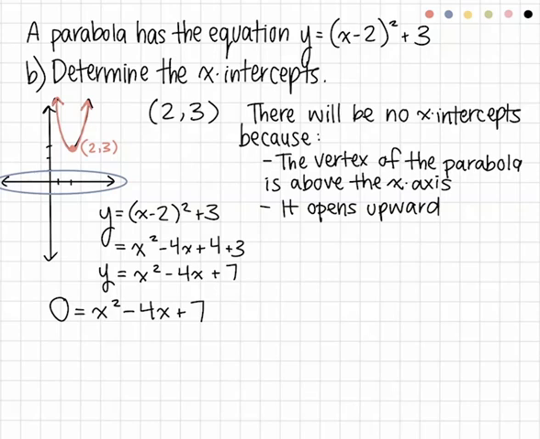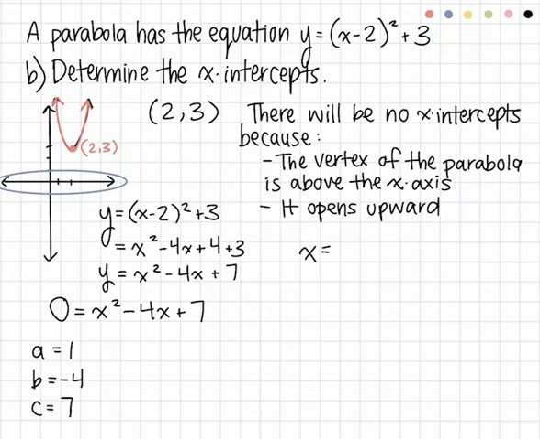And now we can use the quadratic formula and take this information and substitute it in. So I'm going to do that up here. So I have x equals, oh, let's write our a, b, and c. a equals 1, b equals negative 4, and c equals 7.